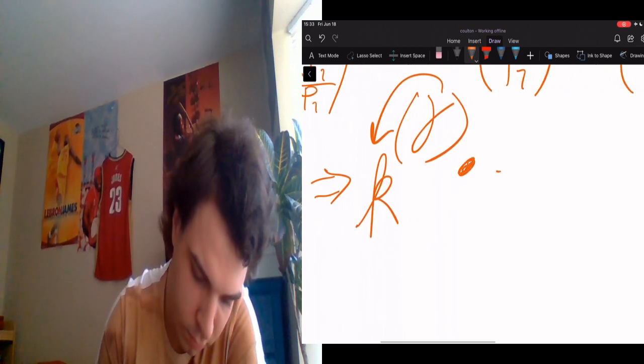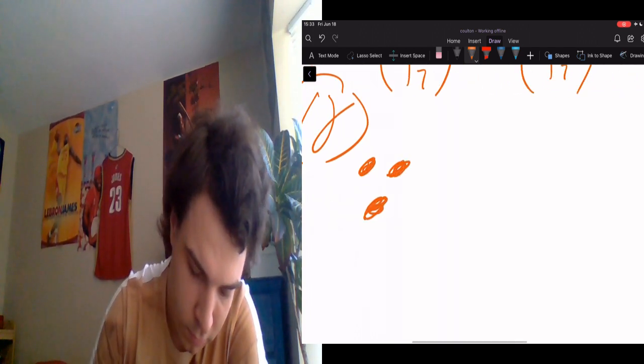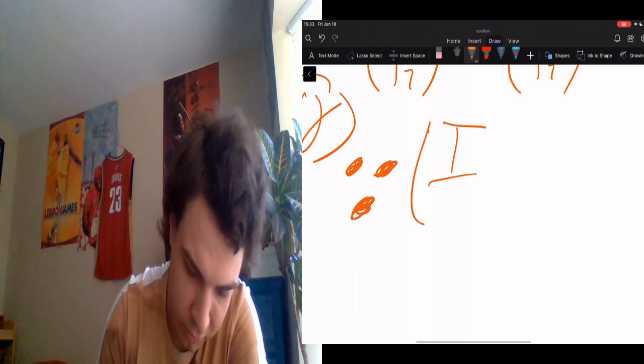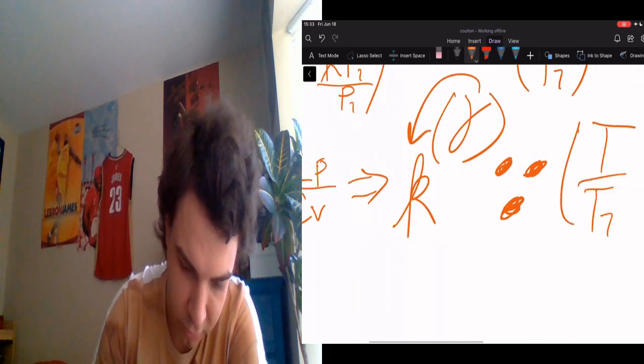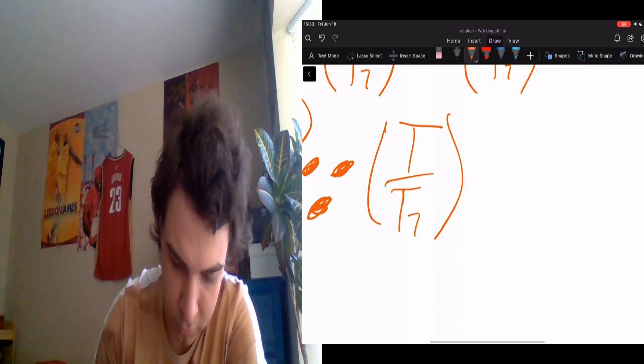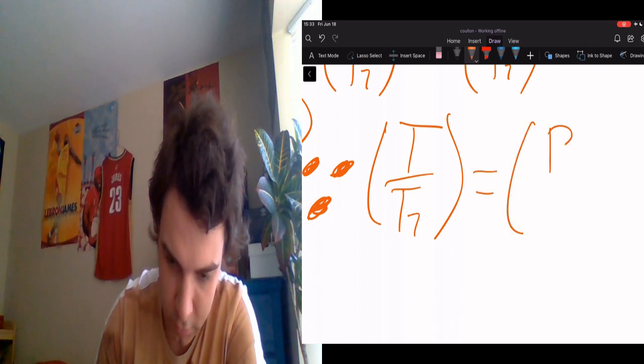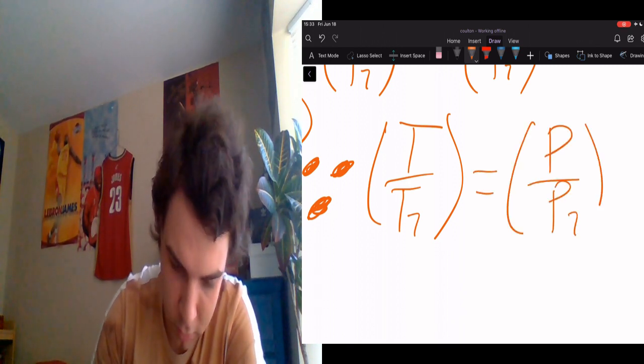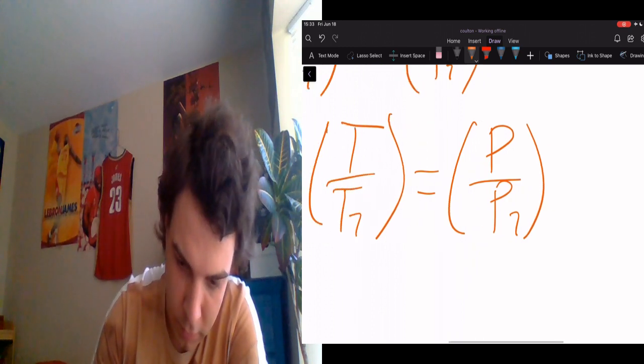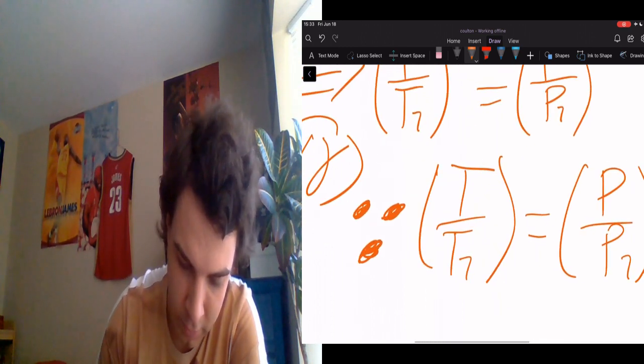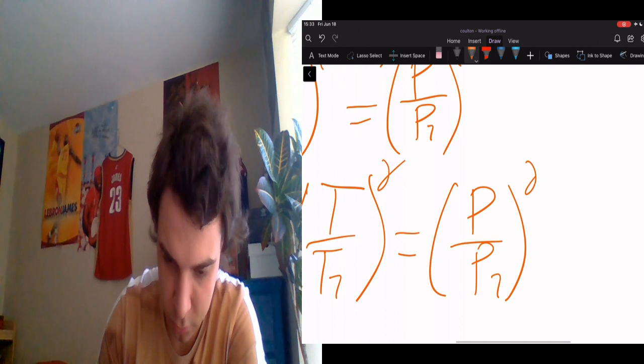Therefore, T over T1, we can replace that, so T over T1 equals P over P1, and then this will be to the gamma, and this will be gamma minus 1.